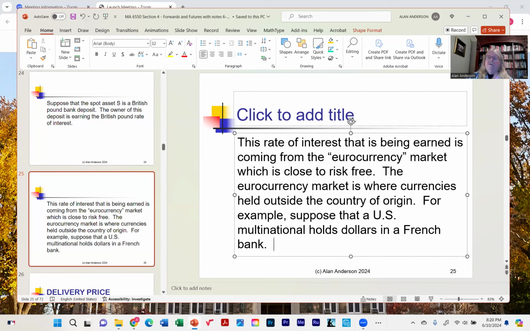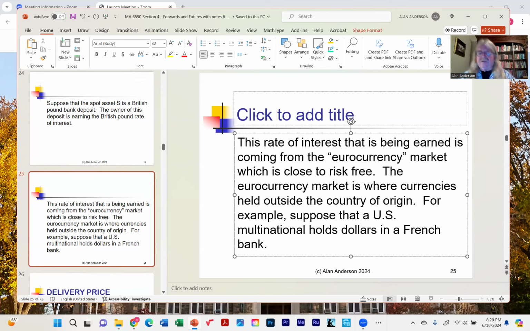Now, normally if you have money in a French bank, you're going to keep it in euros. But this is a multinational and they need both euros and dollars in their daily operations. So they can go to a large French bank, Societe Generale, let's say, and say, listen, we want to keep dollars on deposit here because we may need them, or we may be receiving payments in dollars, or we may be making payments in dollars.